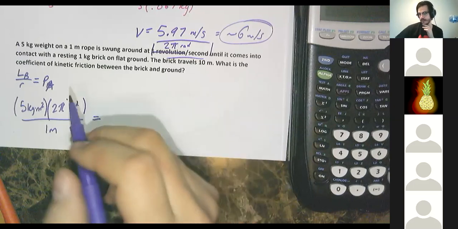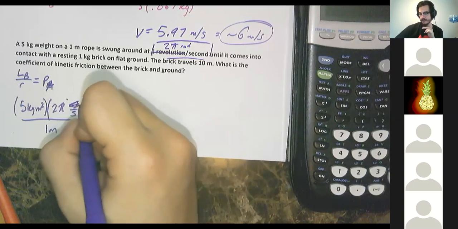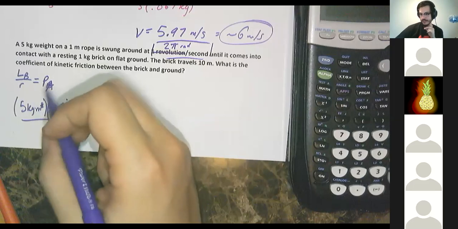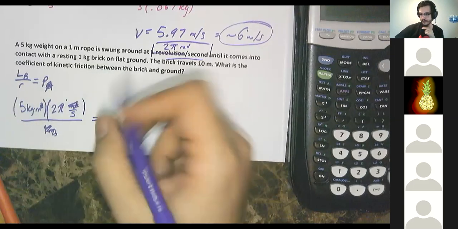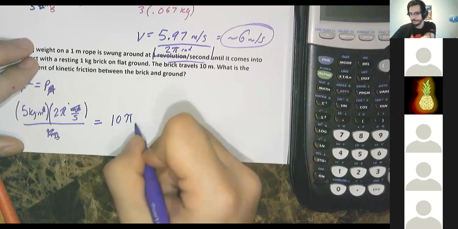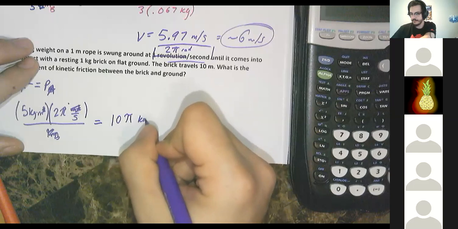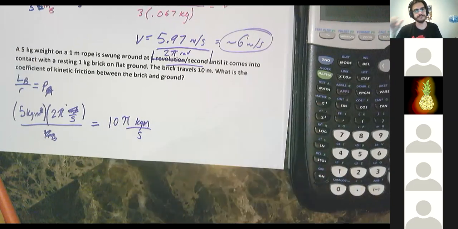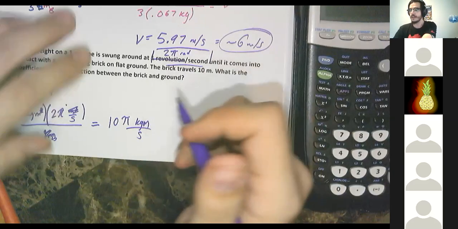Yields. Radians aren't really a unit. Meters goes away. So our linear momentum afterwards is 10 pi kilogram meters per second. Okay.